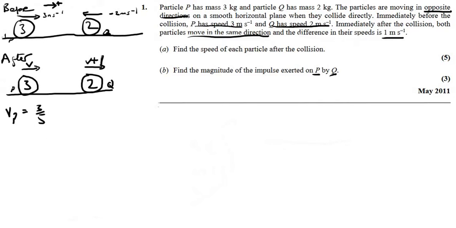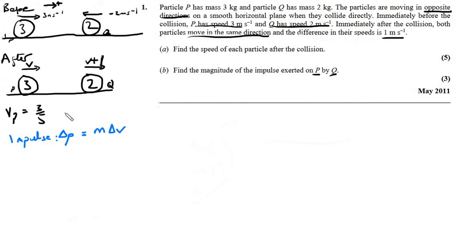So the impulse is essentially just the change in momentum. It's delta p, which, as the mass doesn't change, is the same as saying the mass times the change in velocity.